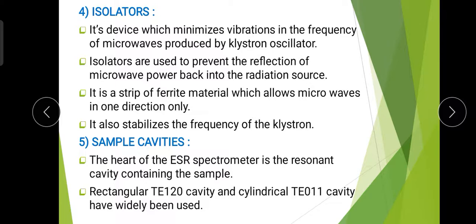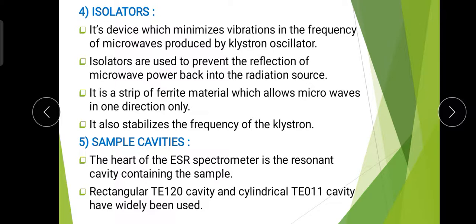It also stabilizes the frequency of the klystron. That means it also stabilizes the vibration in the frequency of the radiation. Now the next component is the sample cavity. The sample cavity is very important in an ESR spectrometer. That is, the heart of the ESR spectrometer is the resonant cavity containing the sample.